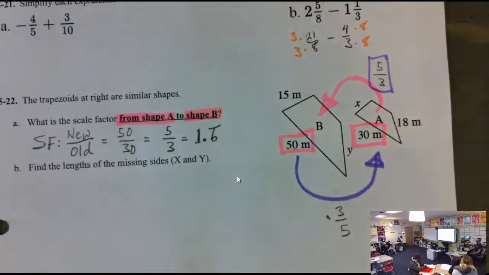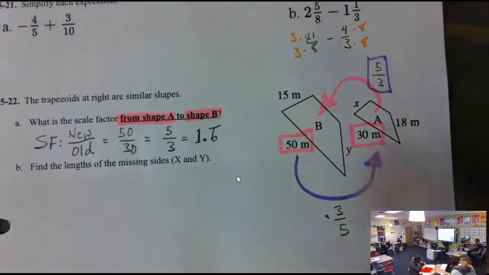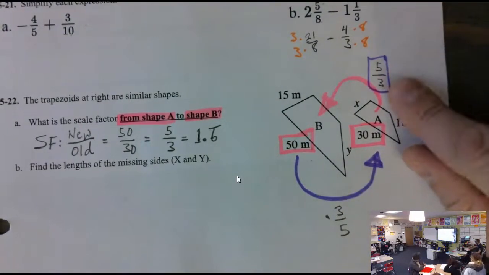It's like doing times 2 or times 1/2, times 3 or times 1/3, times 4 or times 1/4. You just flip it. You take the fraction or the number, flip it over.